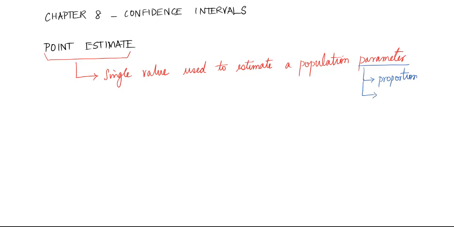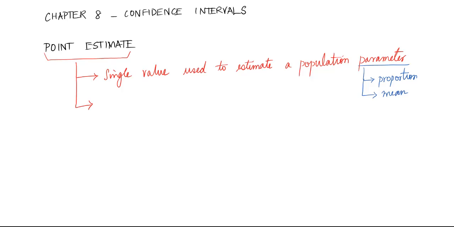Or I could be talking about an average, which is the mean, right? What is the mean wait time at a drive-through restaurant? So we can have questions about the population, and we answer those questions by using certain measurements. The measurements can be proportion, mean, sometimes standard deviation, and so on. So this point estimate is a single value to talk about the population parameter.